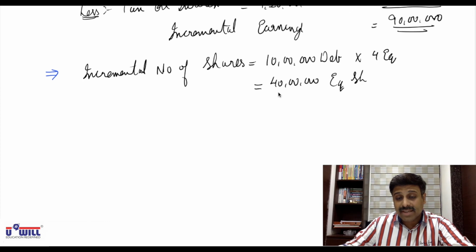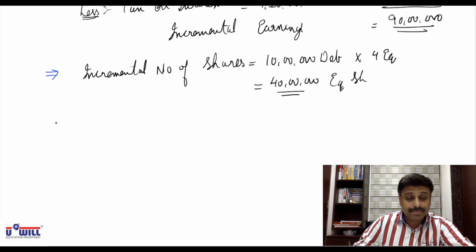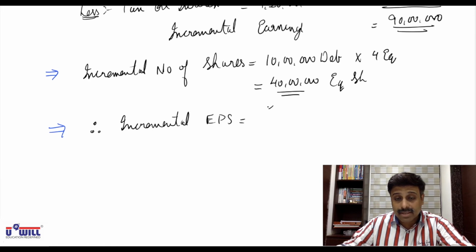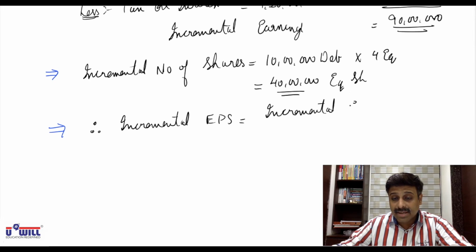So now we can find the incremental EPS due to debentures. Therefore, incremental EPS is equal to incremental earnings divided by incremental number of shares.